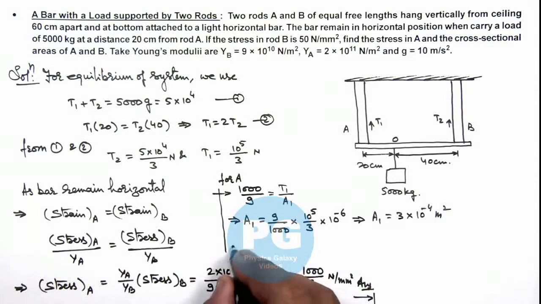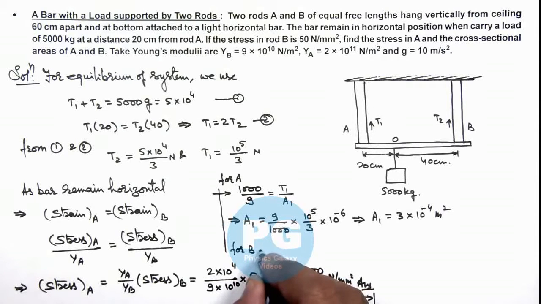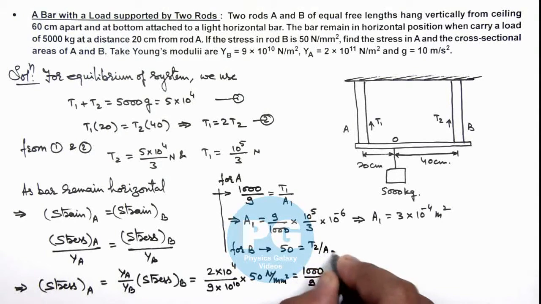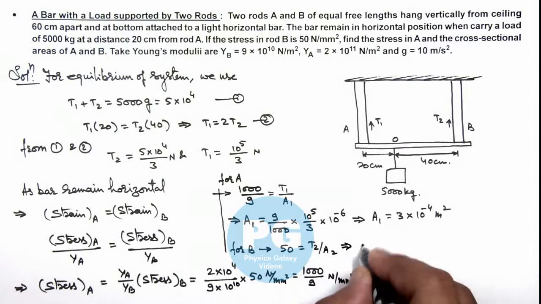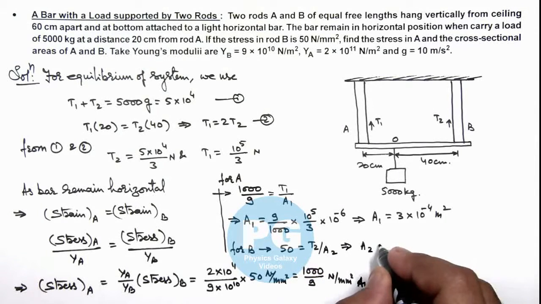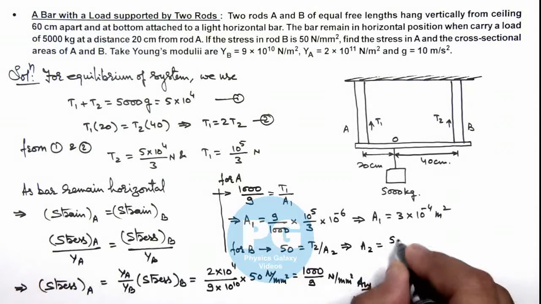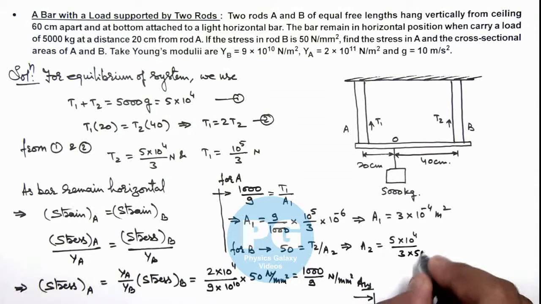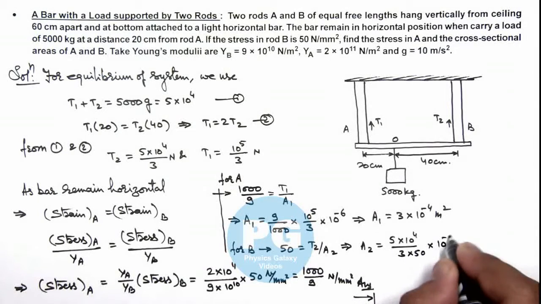And similarly, if we calculate for B, then for B the stress is given to us as 50. So 50 will be taken as T2 by A2, which gives us the value of A2. That is equal to 5 into 10 to power 4 by 3 divided by 50 into 10 to power minus 6.